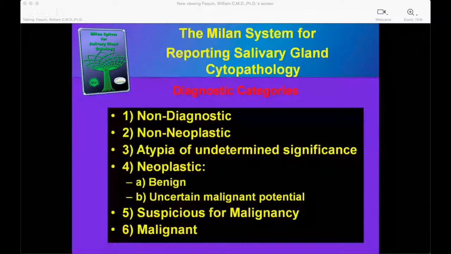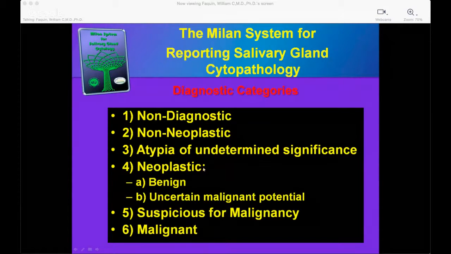So what are the diagnostic categories of the Milan system for reporting salivary gland cytopathology? They're listed here. The first one is non-diagnostic. The second is non-neoplastic. The third is atypia of undetermined significance, and you'll note that we borrowed this term from the Bethesda system for thyroid cytopathology because most of us are very familiar with this term, with this category.